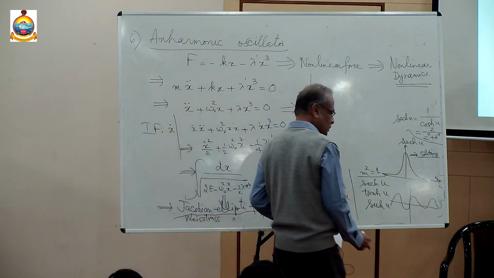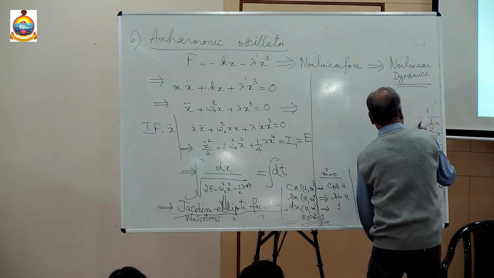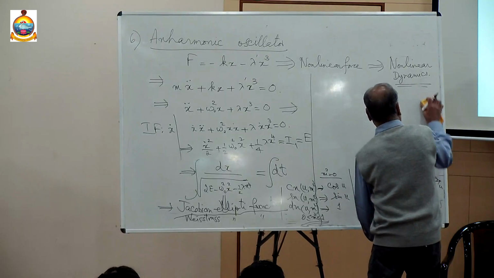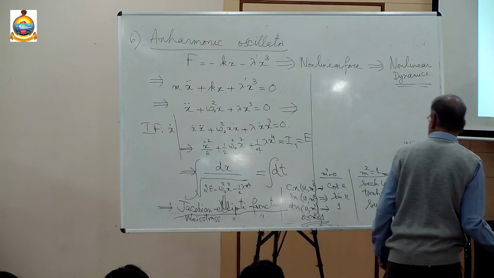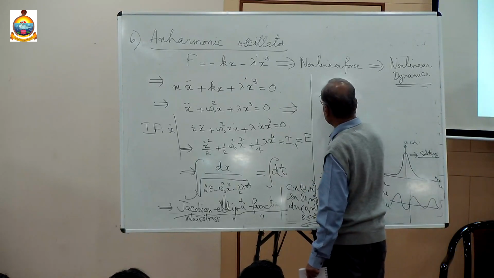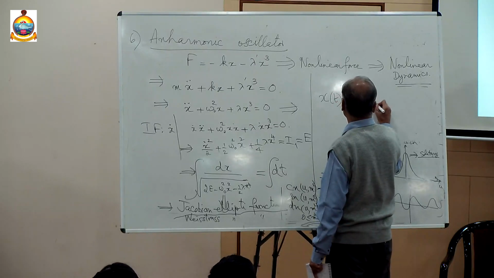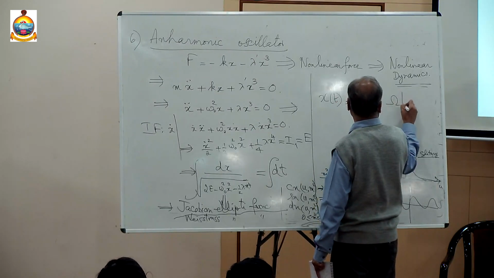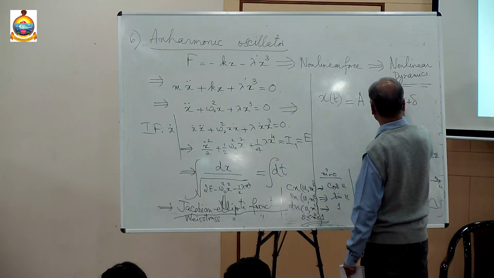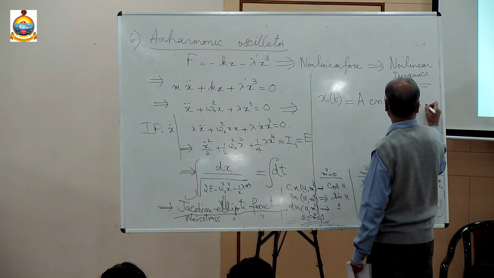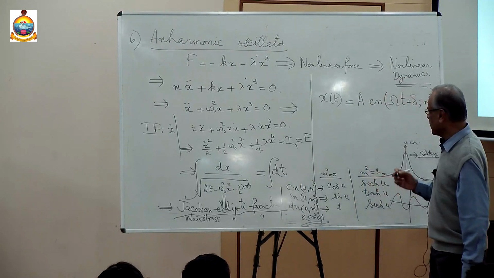So in this problem, you will have to learn these basic properties of Jacobian elliptic functions in order to see how this solution comes about. But I will simply write the solution: x of t equal to some a Cn of omega t plus delta, a constant, with the modulus square. The m square is called the modulus parameter.